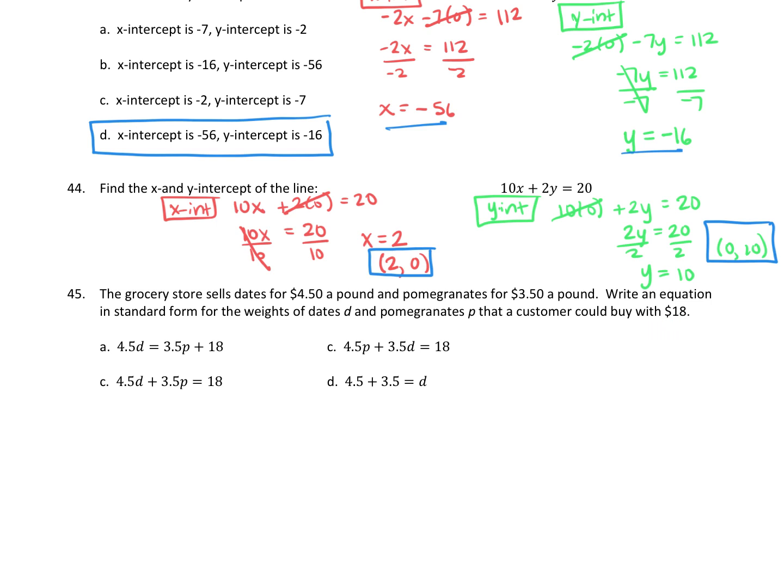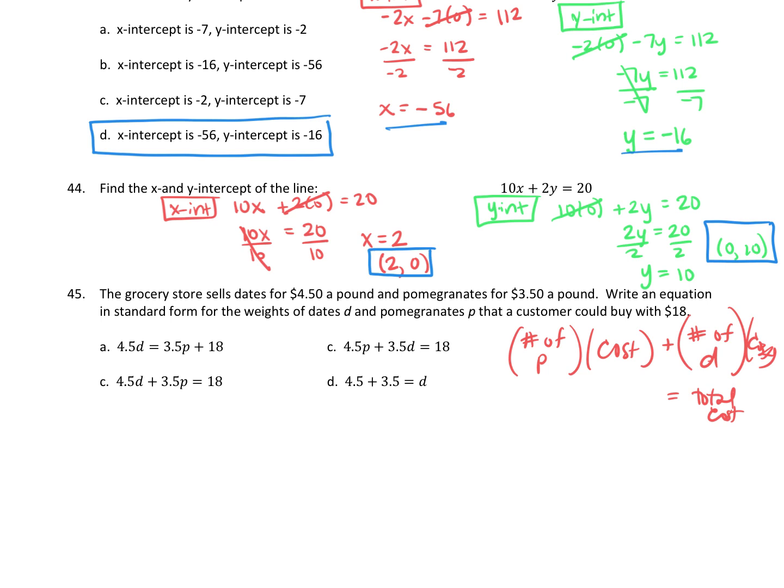They're going to buy pomegranates and dates, right? So your number of pomegranates times what they cost, plus your number of dates, I think I'm writing this backwards, times what those cost will equal the total cost.